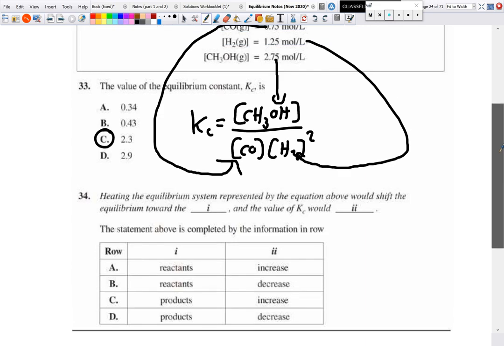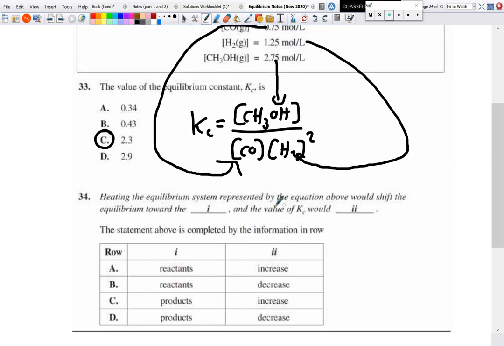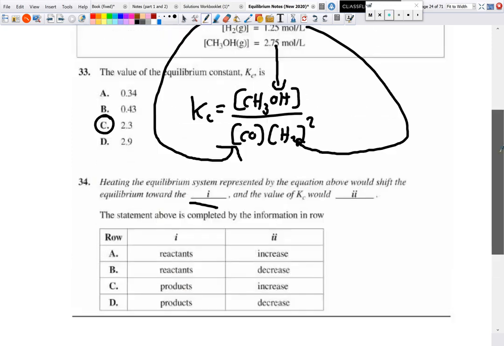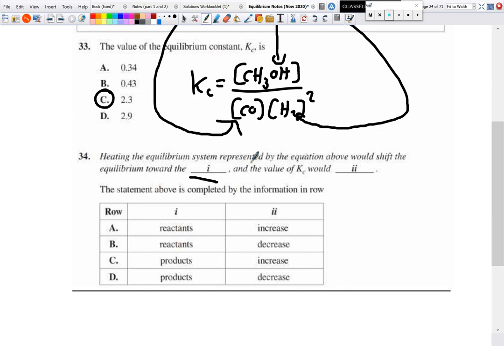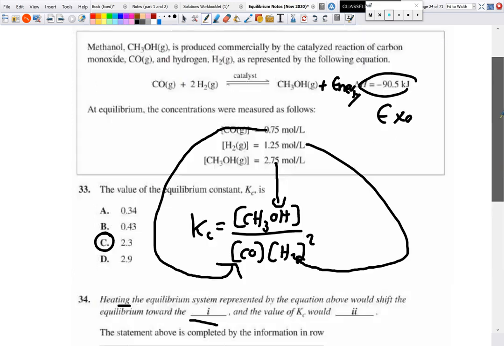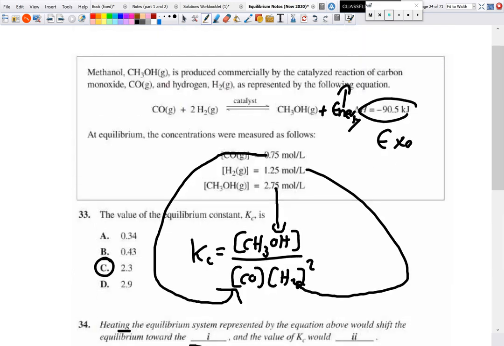And last but not least, heating the equilibrium system represented by the equation above will shift the equilibrium blank, and the value of Kc would blank. So we can tell this is negative, it's exothermic, so that means the heat goes here, right? It goes as a product. Now if we heat up, so we're adding energy, that means it's going to shift away to produce more reactants.